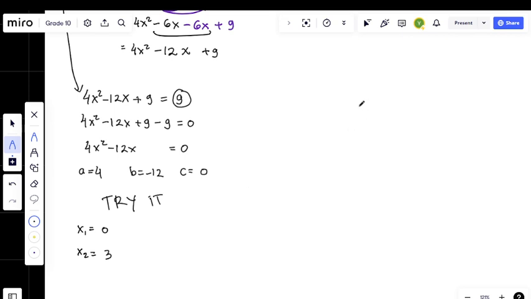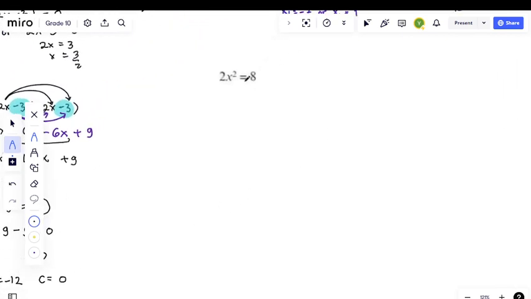Okay. Same goes here. Yeah, when you have some things on the right, always bring it to the left. But this is what I mean, yeah. The quadratic equation we have is ax squared plus bx plus c equals to 0. As we see here, we have something with x squared, so we got the a, it's 2.